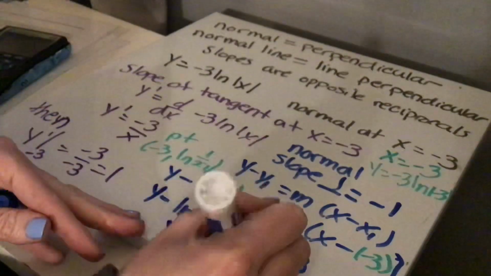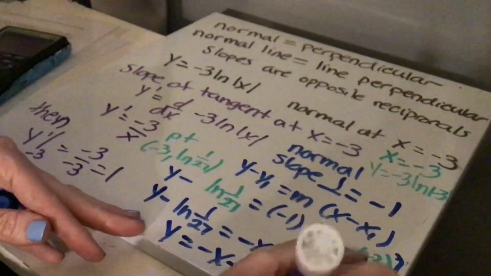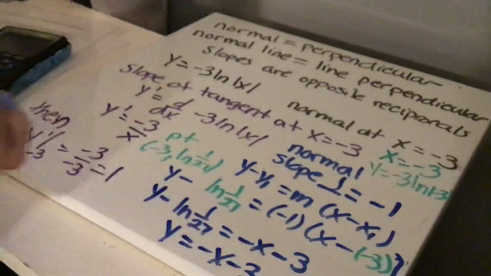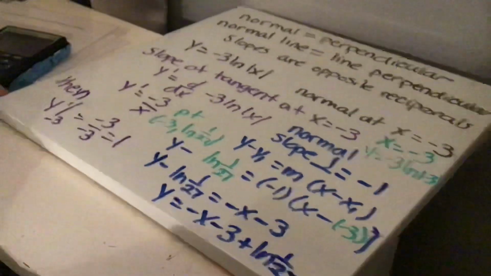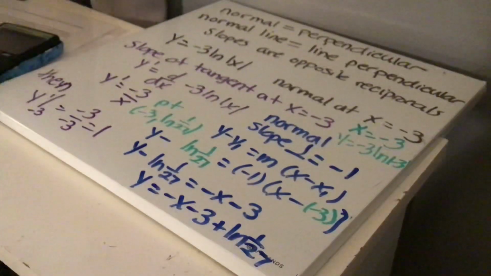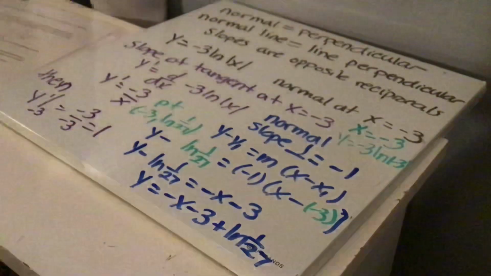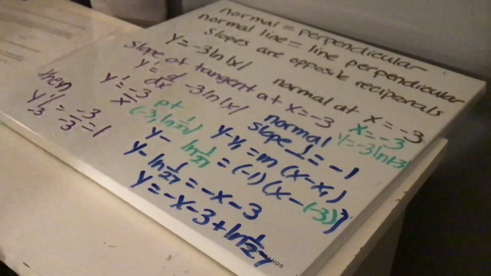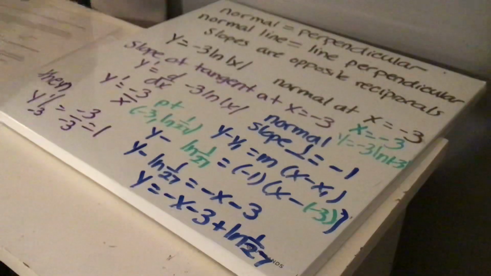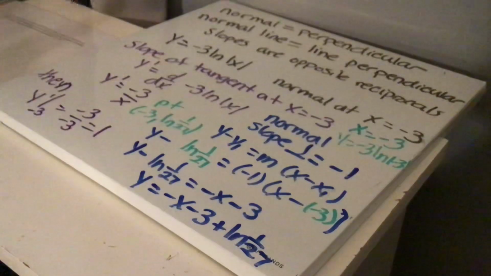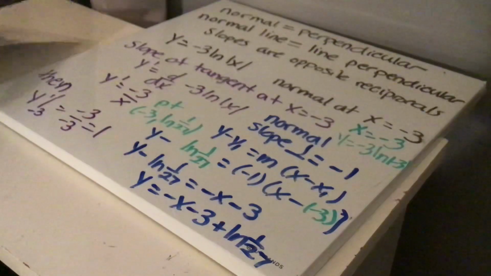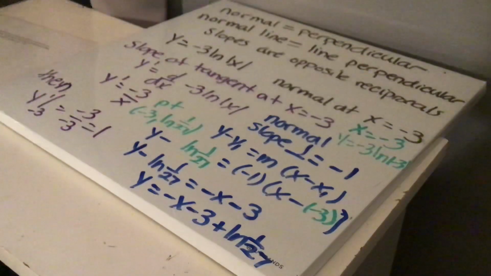So y equals -x minus 3 plus the natural log of 1 over 27, which would be the equation of your normal line. Normal lines are perpendicular to tangent lines. So we know the slope of a tangent is the derivative of the function evaluated at the x value. All right. So those are our normal lines.